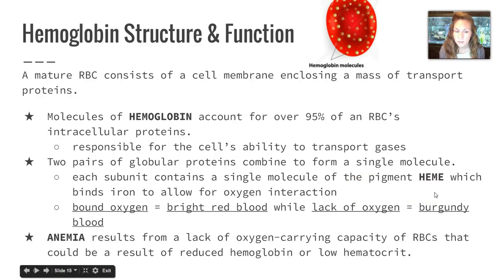One is the pigment heme, which binds iron to allow for oxygen interaction. Bound oxygen equals bright red blood, while lack of oxygen is going to give us a burgundy or really dark blood. If we have anemia, this is a lack of oxygen carrying capacity of red blood cells, and that's one of the things that can be identified through a low hematocrit test.